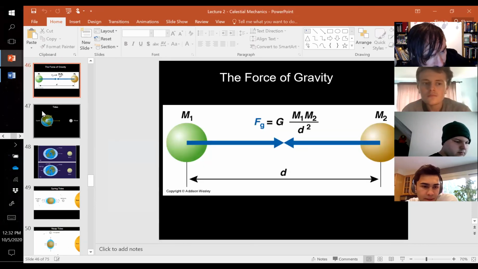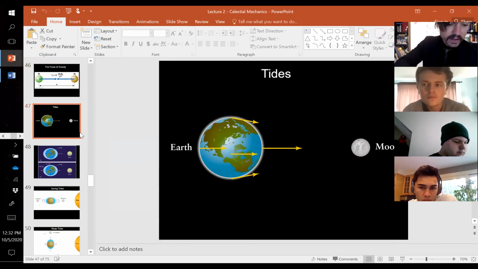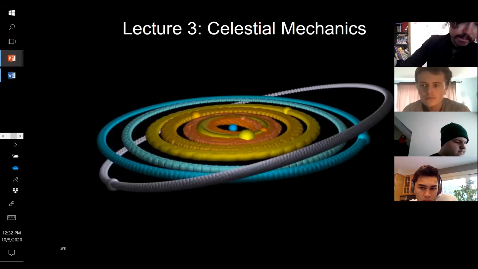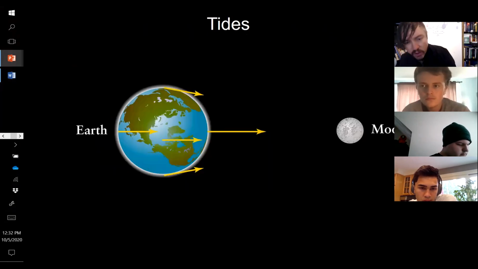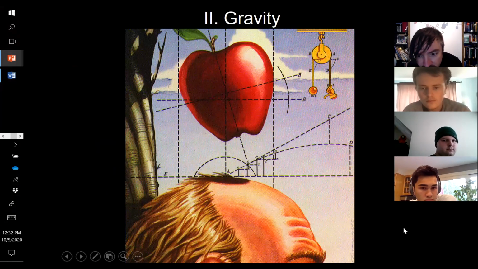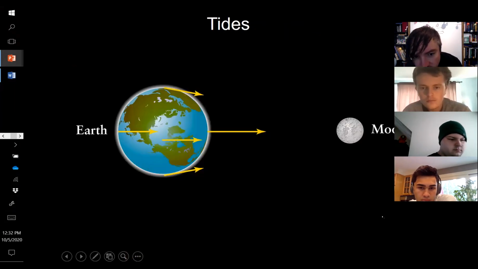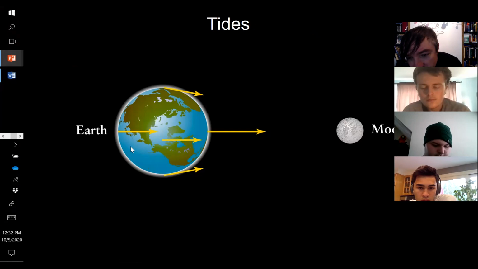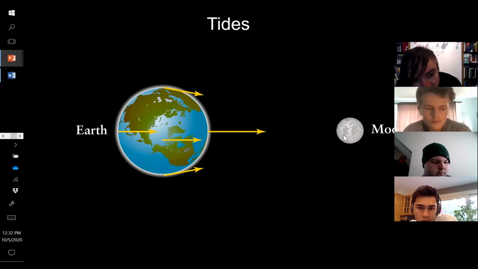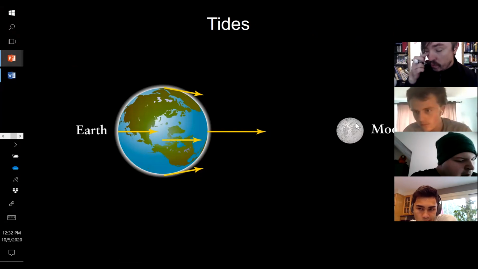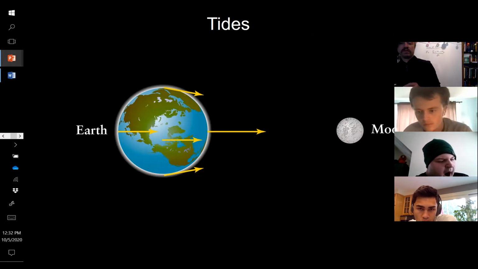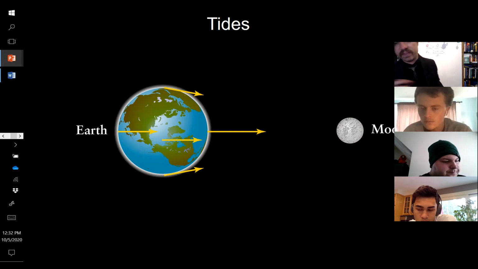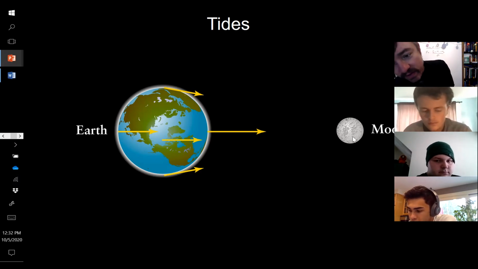I don't think we actually covered tides very well last time, so I want to make sure I do that this time. So can you guys think of a reason why it would be the moon causing tides and not the sun? Considering the fact that the moon is closer, but also less massive than the sun, why would the moon be the cause of tides if its gravity was 200 times weaker than the sun's?